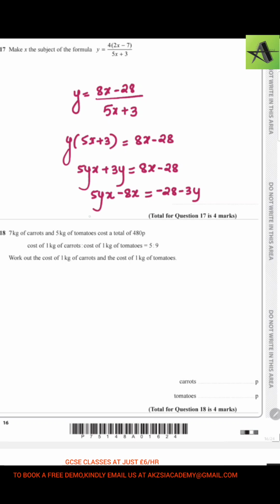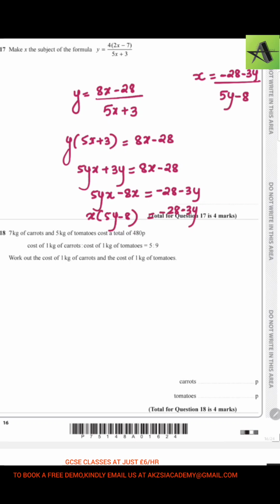I'll take out x as common. So remaining is 5y minus 8 equals minus 28 minus 3y. Finally, because I want x to be alone, I need to divide both sides by 5y minus 8. So x equals minus 28 minus 3y over 5y minus 8.